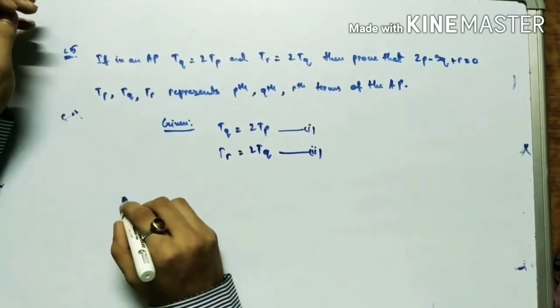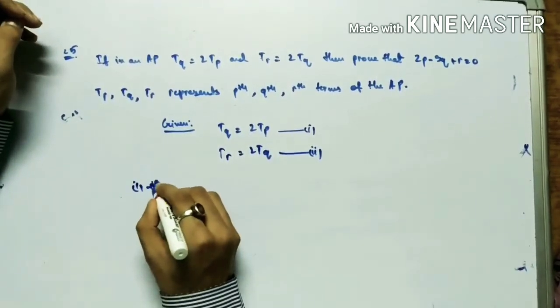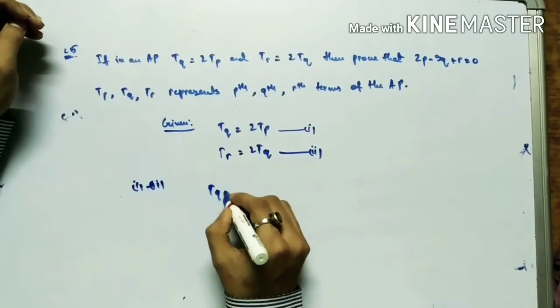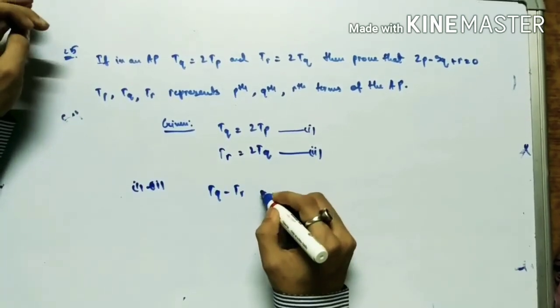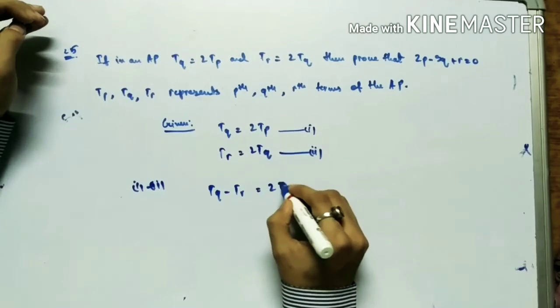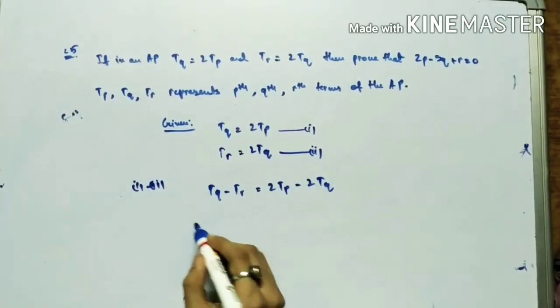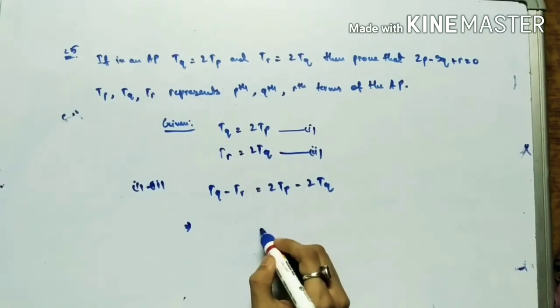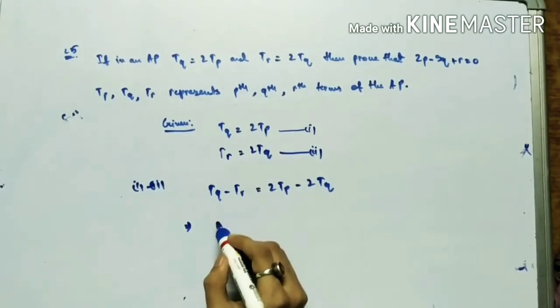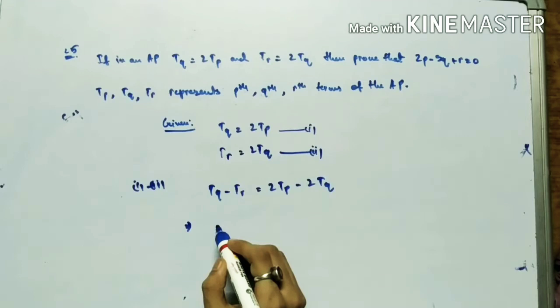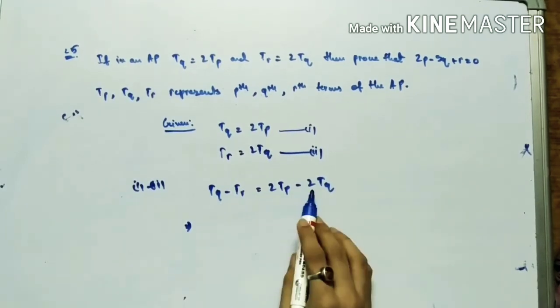If I do 1 minus 2, then what will happen? Twice TQ minus TQ minus TR is equal to twice TP minus twice TQ. So this is TQ, this is TQ.